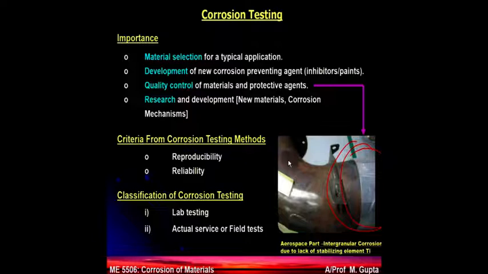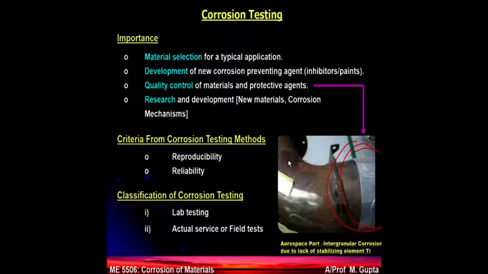So this is typically the intergranular corrosion. While we are not supposed to see that in aerospace parts because they choose the steel very carefully. So people were surprised why this material is still corroding after welding. So essentially they realized after testing that this material is not the one which was specified, but the supplier gave some other kind of material. So it's very important for the quality control.